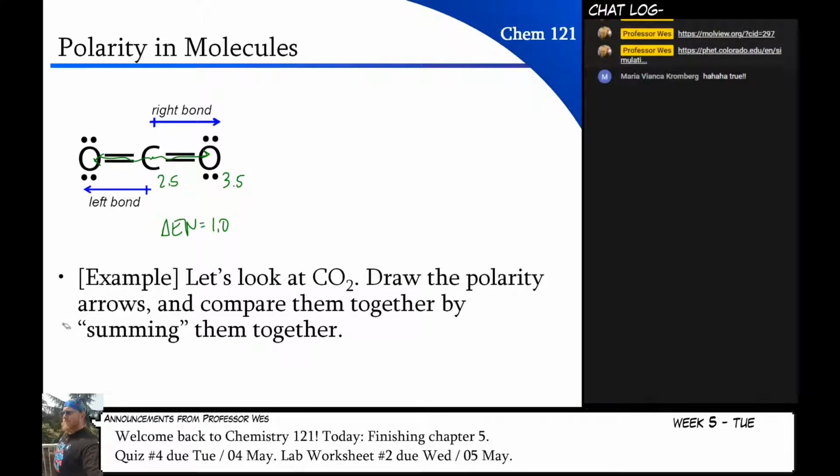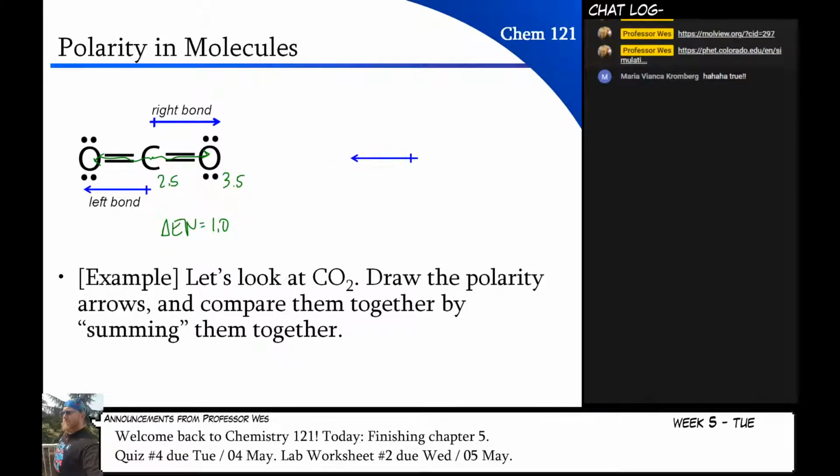The answer is, well, we're going to compare the arrows. Here's my first arrow, and here's my second arrow. So where did my arrows start here? Here's what we're going to do. We're going to add the arrows together. If you've ever seen vector notation in physics before, this is what we're doing.